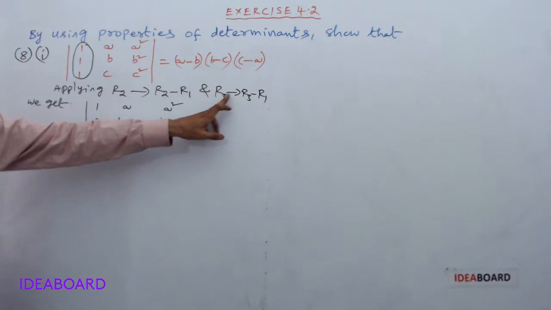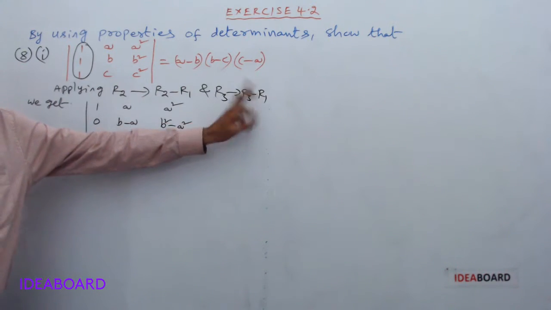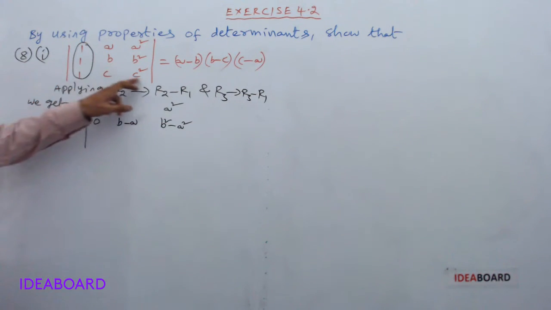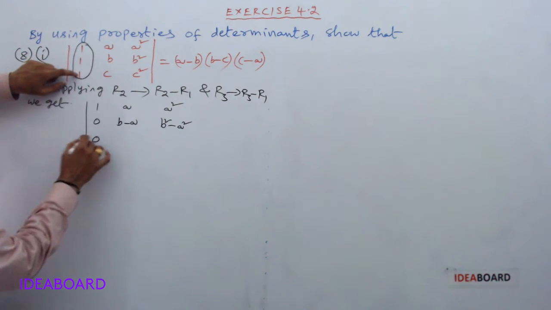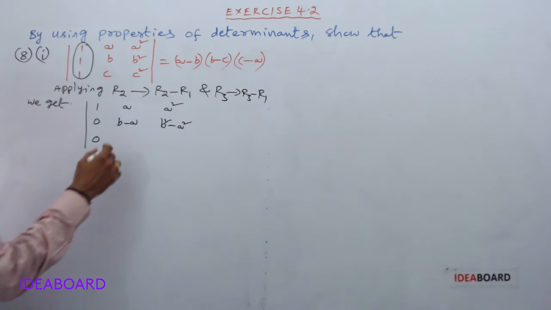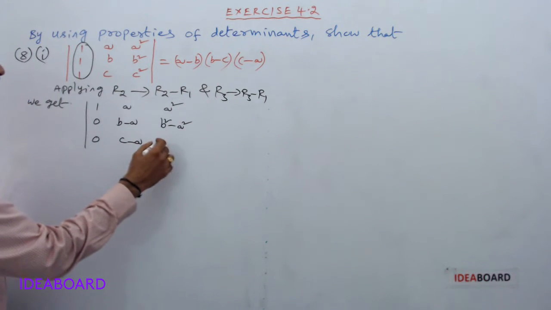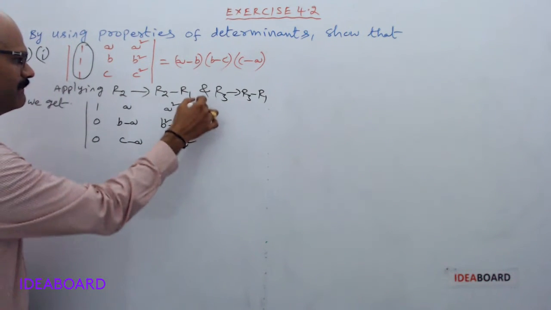Next R3 changes to R3 minus R1: 1 minus 1 becomes 0, c minus a, c square minus a square.